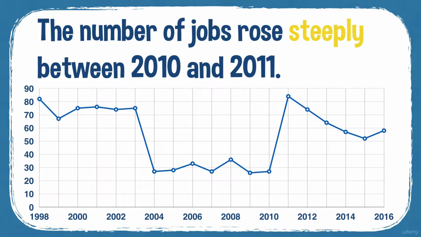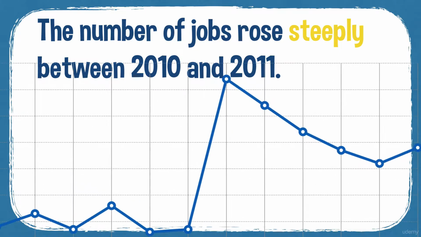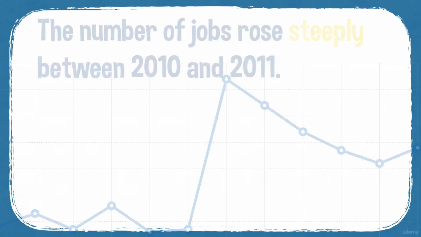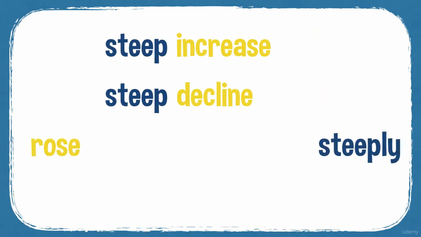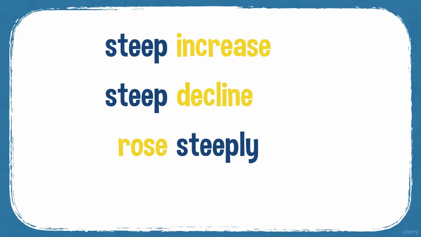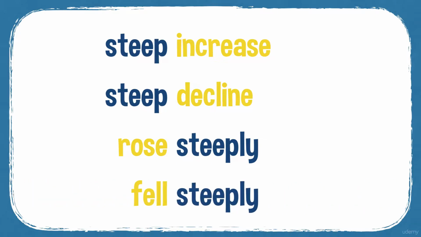But steep can mean going up as well. The number of jobs rose steeply between 2010 and 2011. So you can have a steep increase, a steep decline, and you can use the adverb rose steeply, fell steeply.